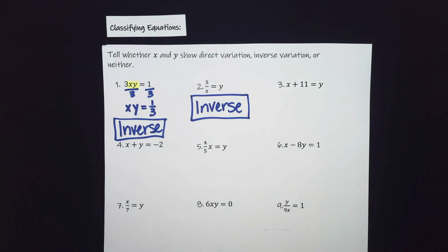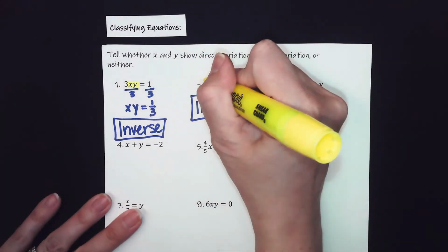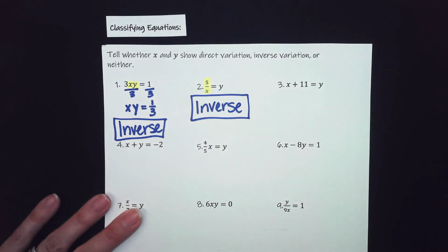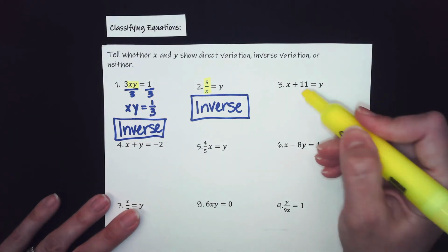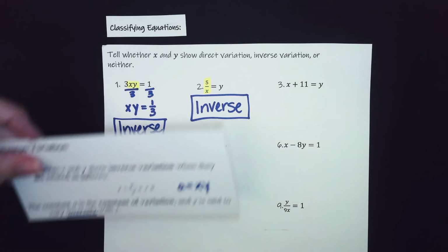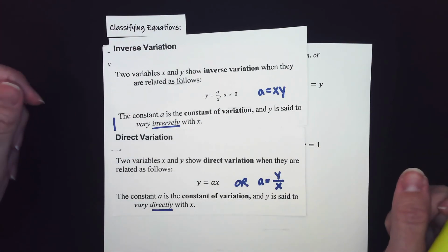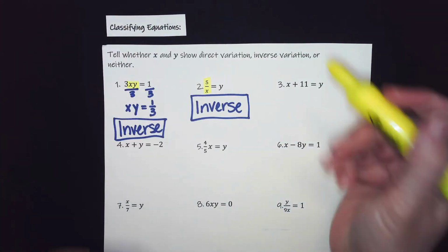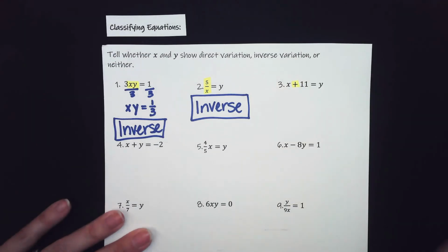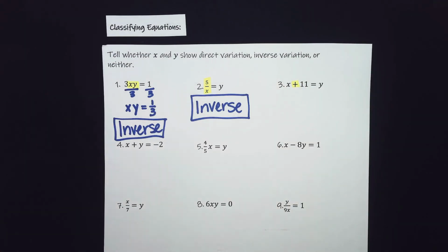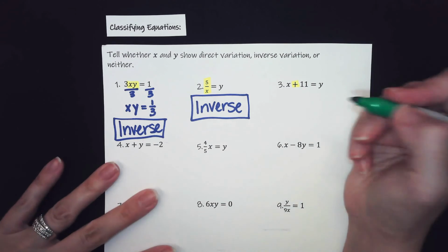Now, number 3, the key here. So for number 2, the key is a constant over x. Now in number 3, it has a plus sign. None of our rules have any addition or subtraction. So this plus sign tells us that this is not going to be either direct or inverse, so this will be neither.